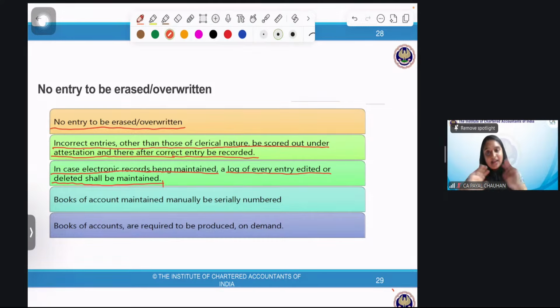But the question asked to me is, ma'am, if we opt out of the composition scheme and get converted into a regular dealer, then how will we determine the cost of stock? Can anybody answer? Then I'll answer. Very easy. Yes, see, I'll tell you.